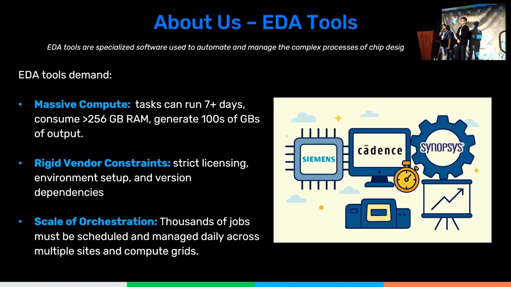With regards to the nature of workflows that we run, our typical task runs an EDA workload. I have the definition of what an EDA workload is, but essentially these are compute-heavy workloads. For example, a typical EDA simulation, it's not uncommon for it to ask for, let's say, 8 to 16 cores of CPU, 256 GB of RAM, and then generate hundreds of GBs of log files and IO.